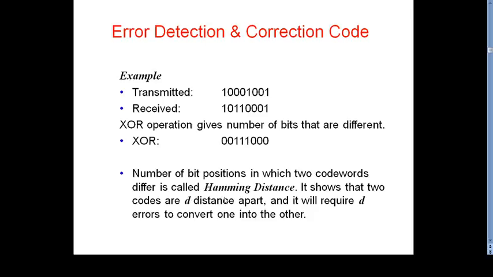This is a very important definition when dealing with MCQs. The Hamming distance plays an important role in error correction and error detection in any code word. It shows that if two codes are distance D apart, it will require D errors to convert one into another.